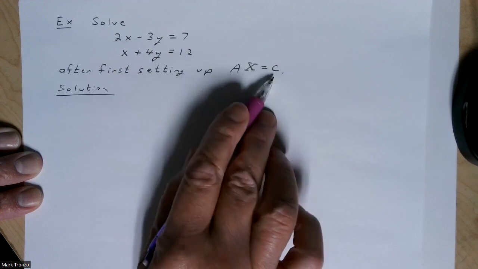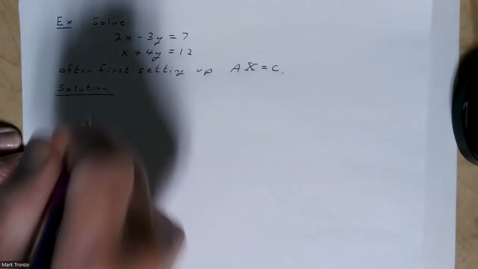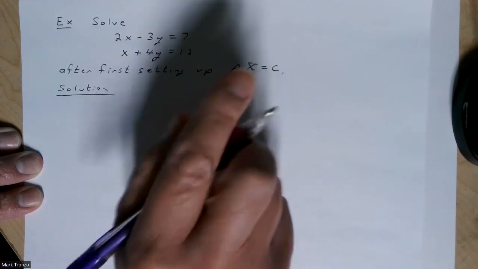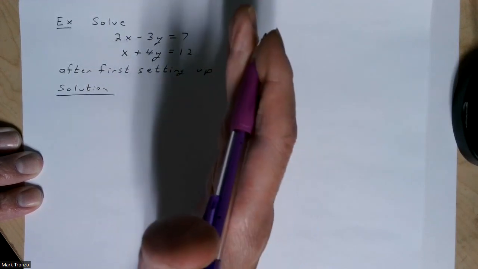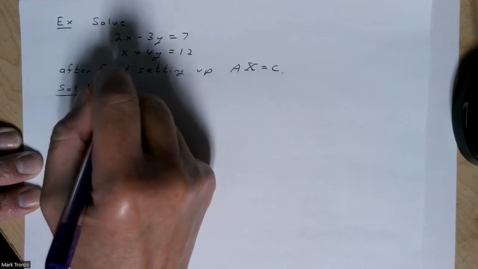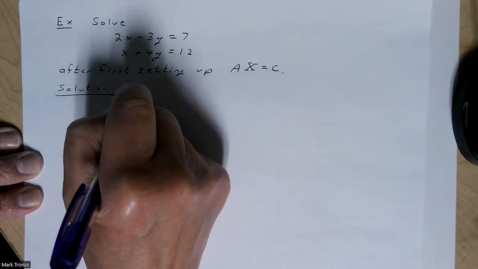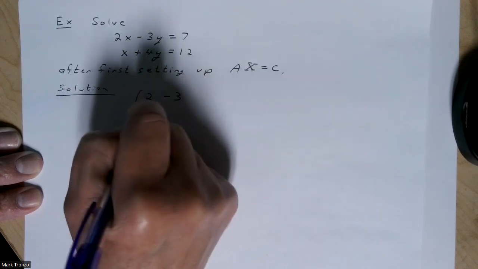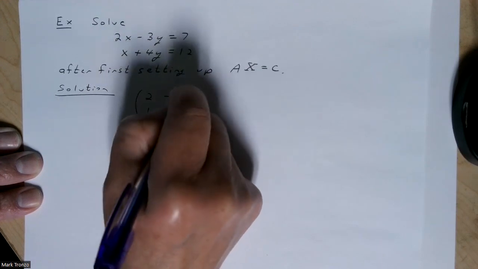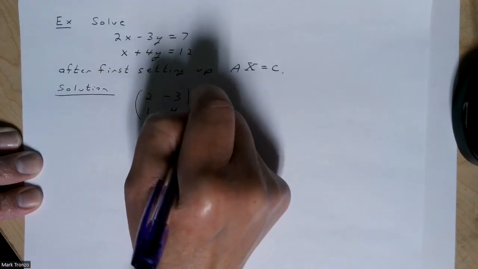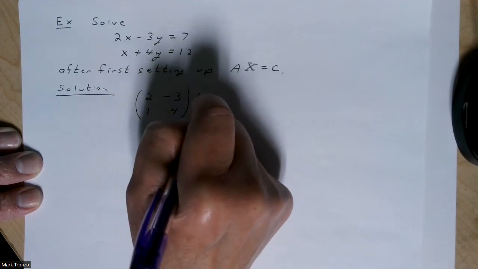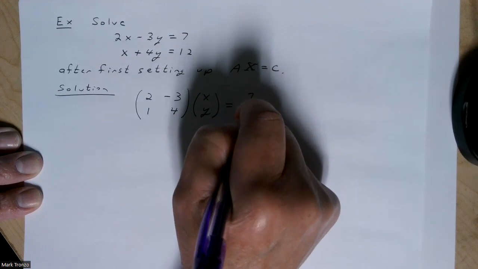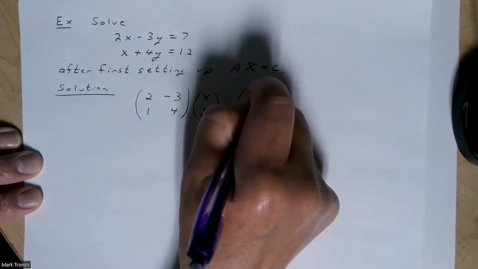Remember, A and C are matrices or vectors, really the same thing, except vectors will only have one column. So let's write this as 2, minus 3, 1, 4, times x, y, equals 7, 12.